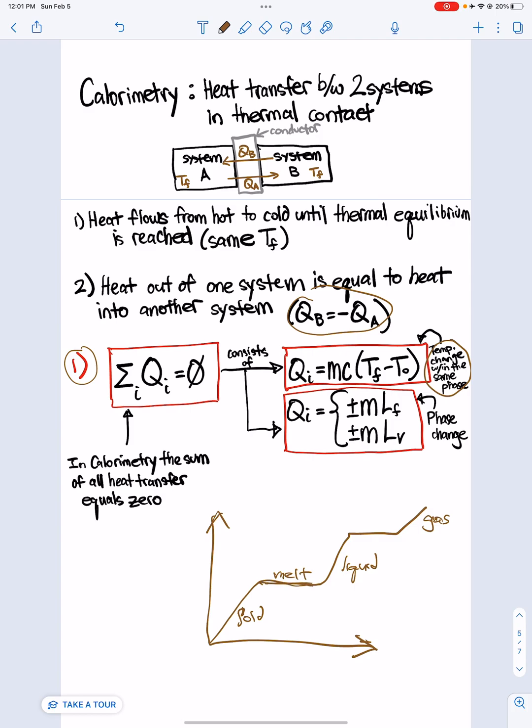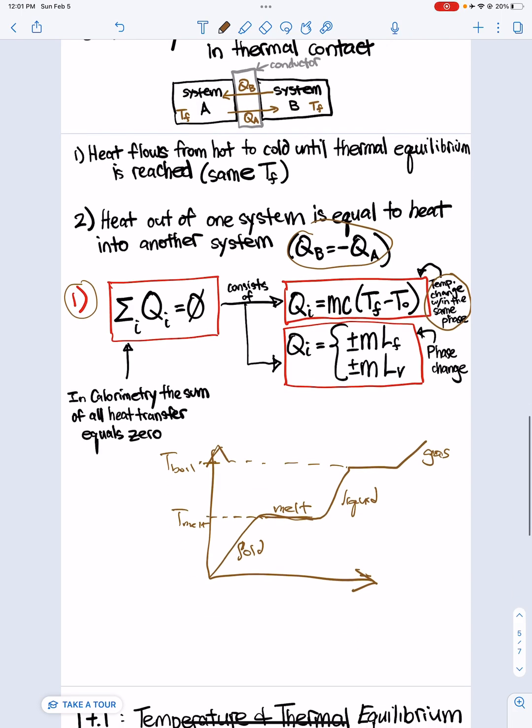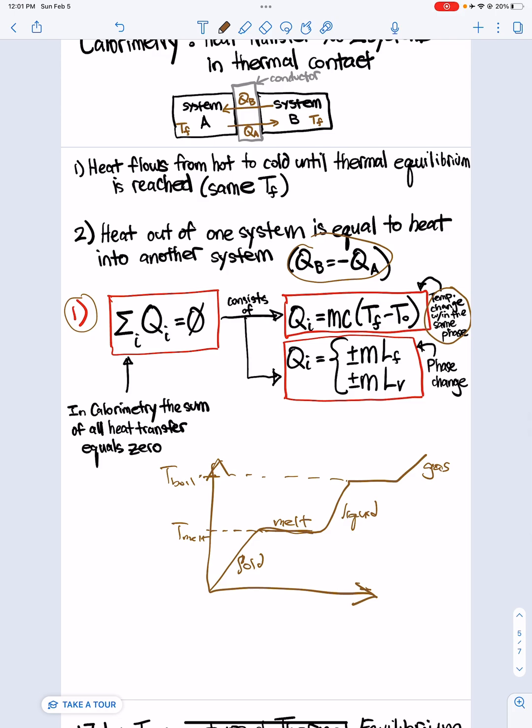That's a straight line because it's at this temperature, the melt temperature. And this is the boiling temperature. So if we're putting heat into ice to change it into a liquid, we're changing the temperature, so we have to take into account the temperature change within the same phase, plus the phase change, which is here.